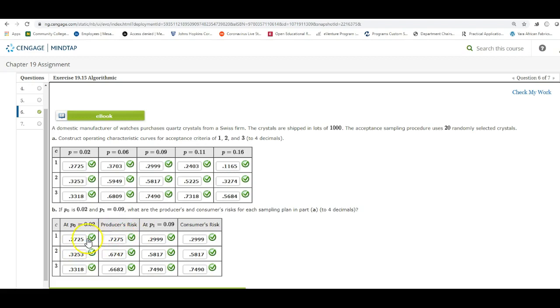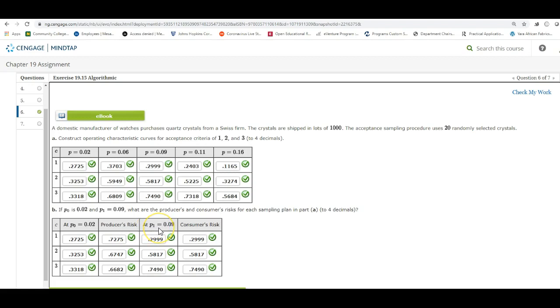The producer's risk is simply 1 minus the probability of acceptance, because the producer's risk is the probability that this lot will be rejected. So the producer's risk is the probability of making a type 1 error, which is simply the probability of rejecting this lot using a sample size of 20 and a probability of 0.02. So again, take these numbers, subtract them from 1, it gives you the producer's risk.